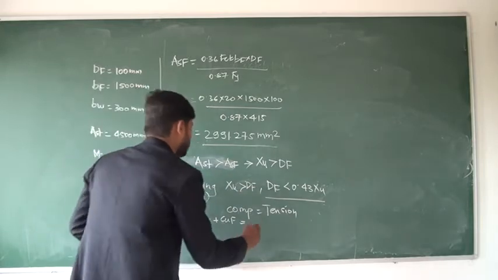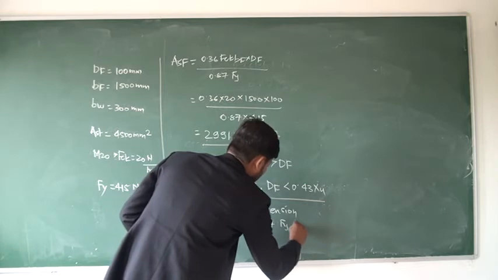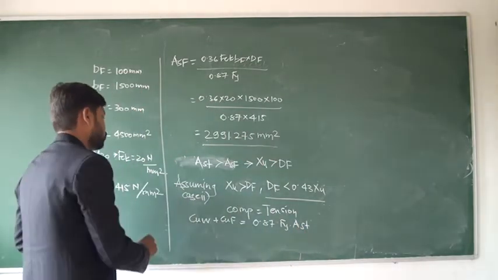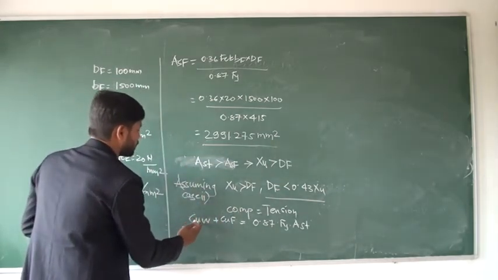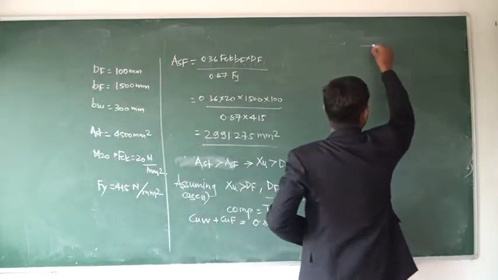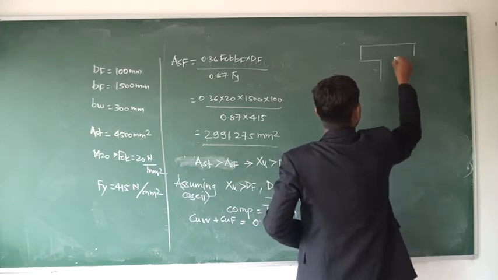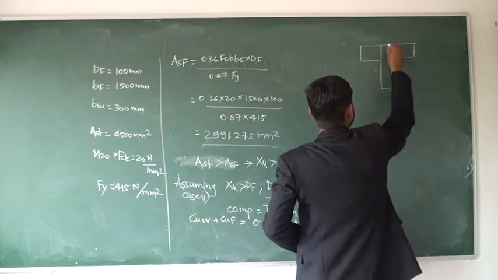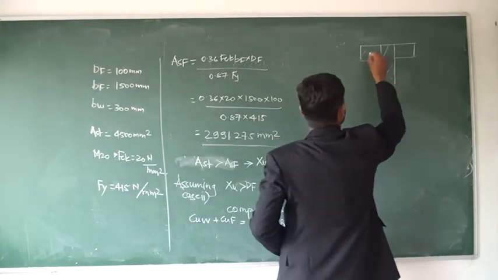Tension is 0.87 Fy into AST. So what is CUW? Compression in web. If it is a T-beam, web means we are going to consider this part, and flange means the remaining part.